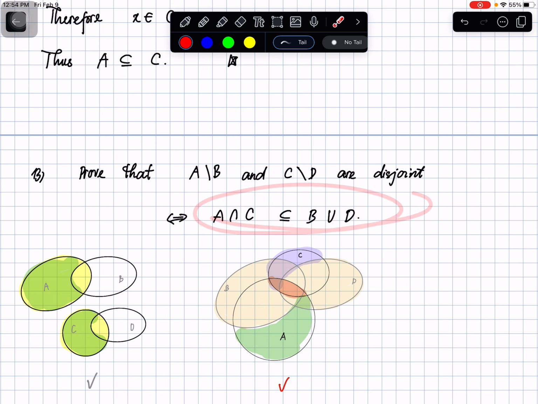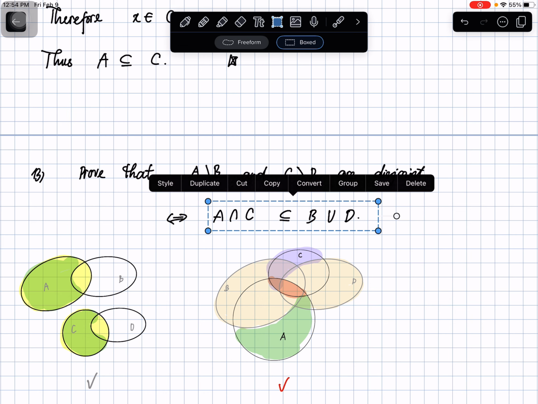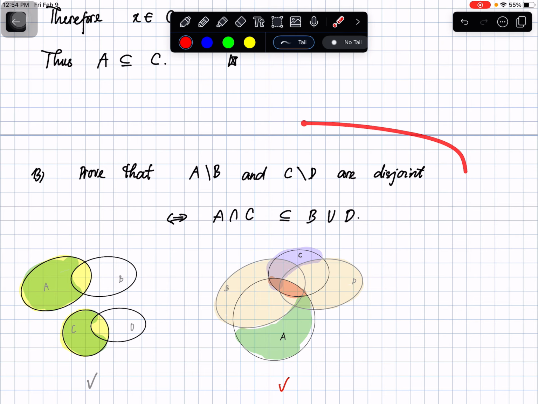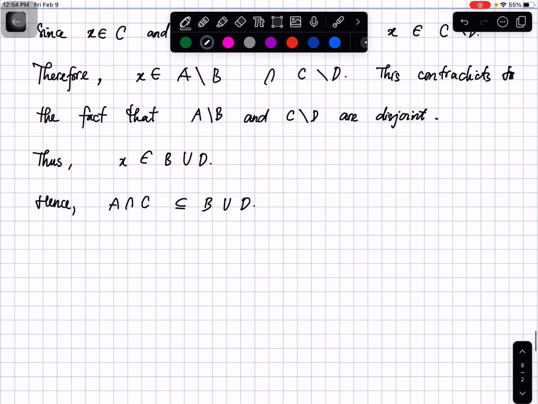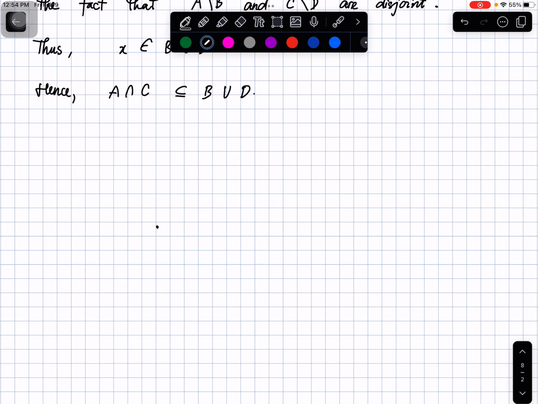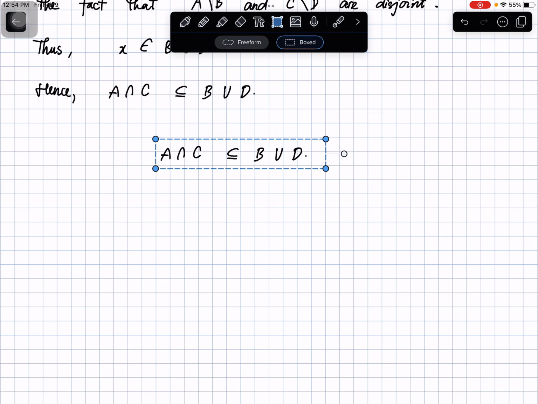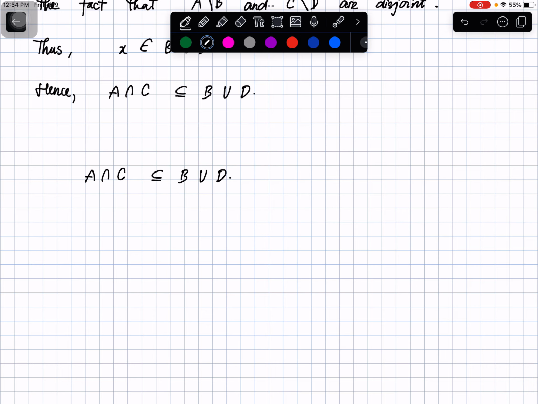Suppose we have this, and we need to show the two sets are disjoint. Backward direction.